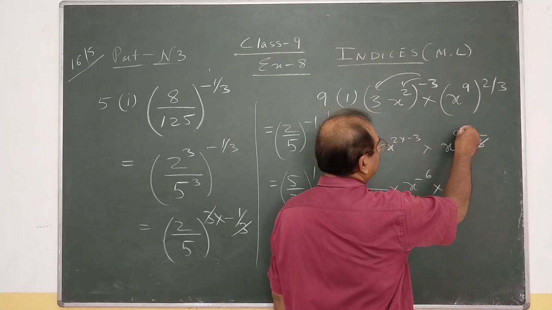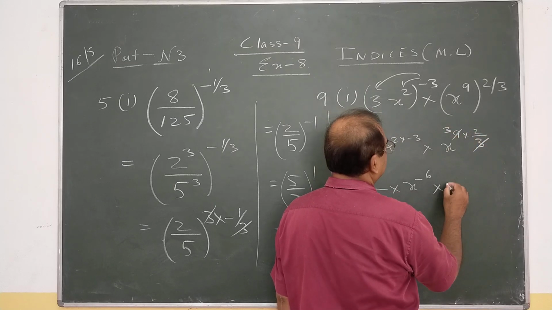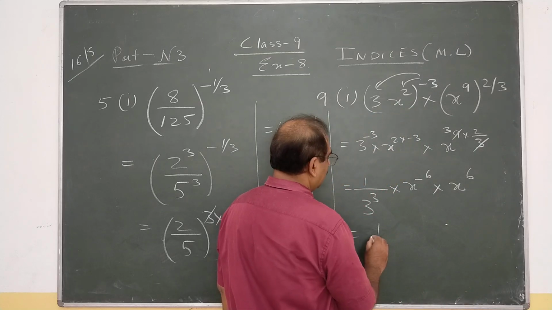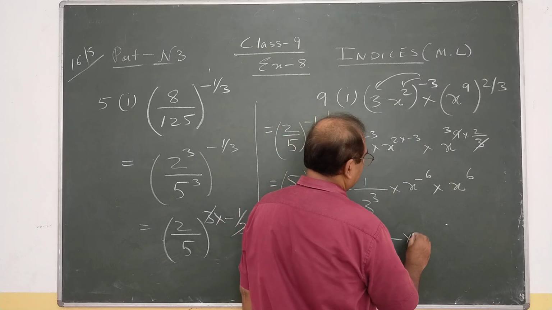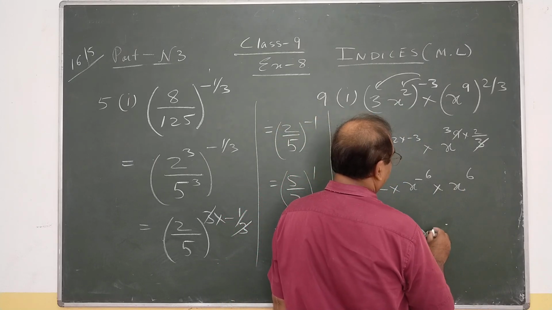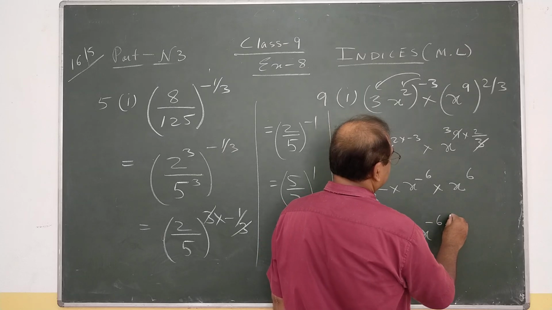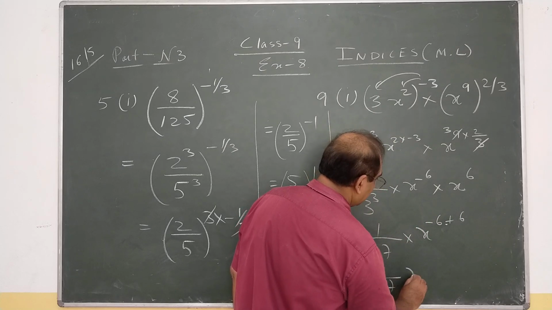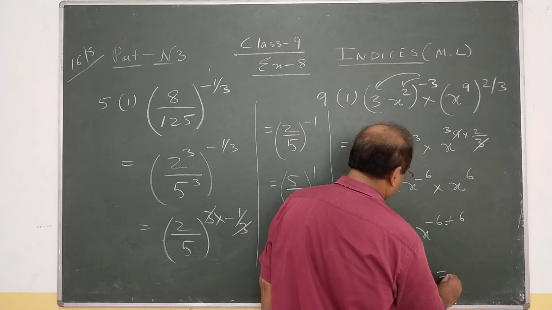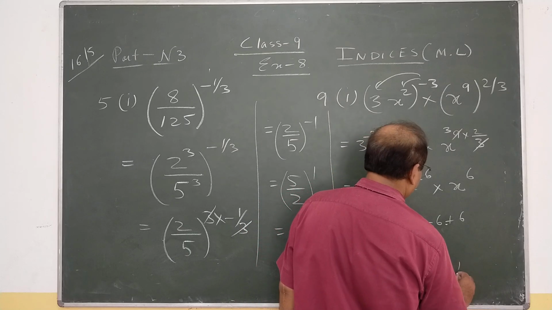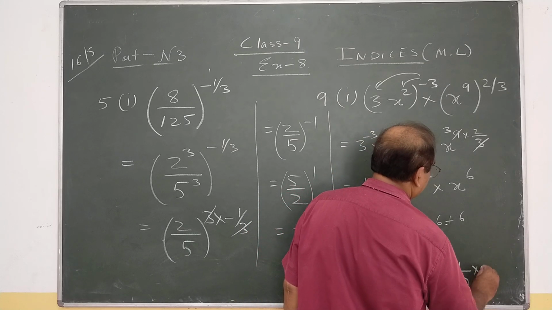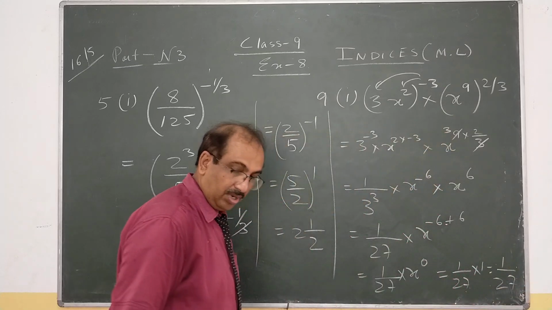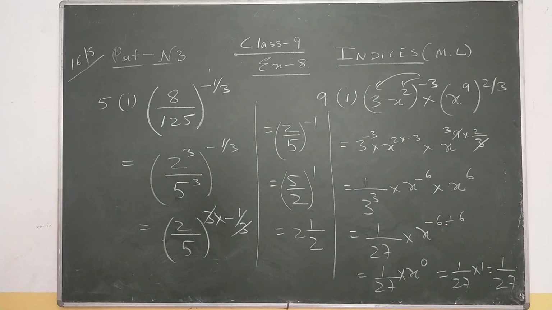These two powers generally cancel, children. 3 3s are 9. x to the power 6. 1 by 27. We have the product law, minus 6 plus 6. So we get x to the power 0. Anything to the power 0 is 1. So we get the answer as 1 by 27.